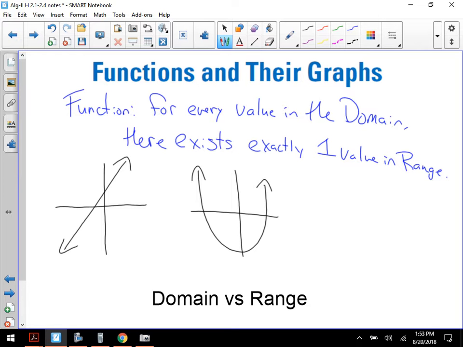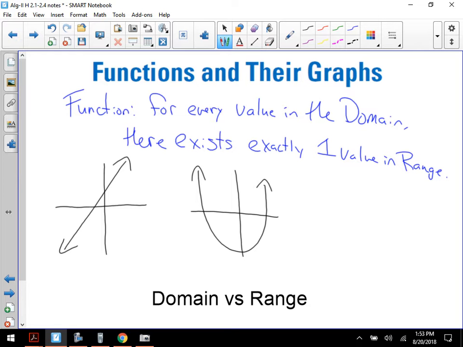The domain is your x value. Your range are all your y values. For every value of x, there exists exactly one corresponding value of y. If I substitute in 3, I get 7. If I substitute in -3, I get -12.